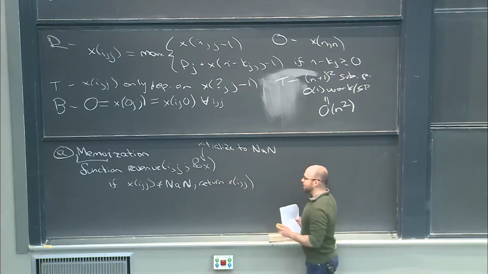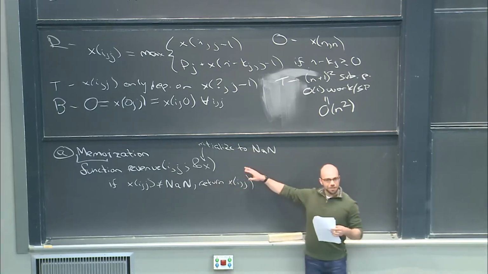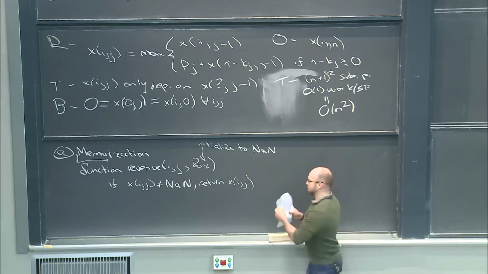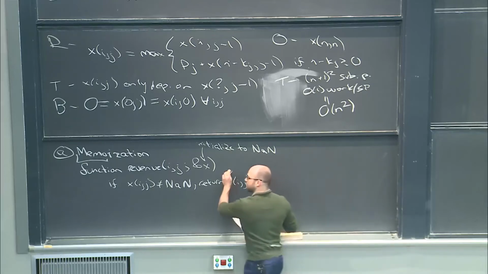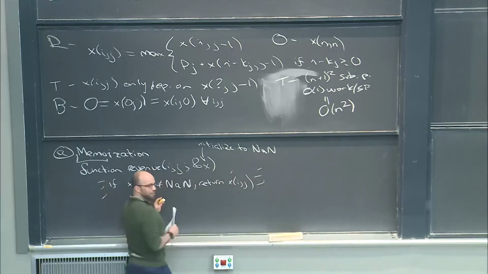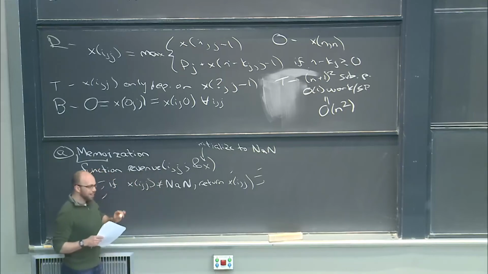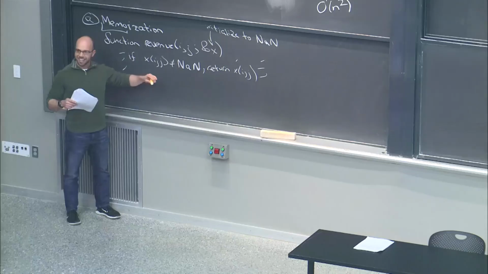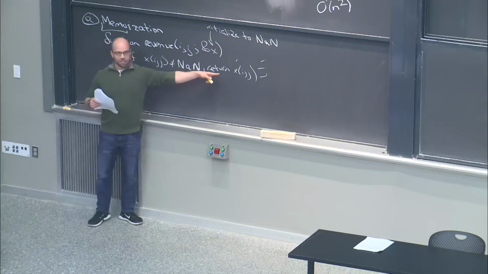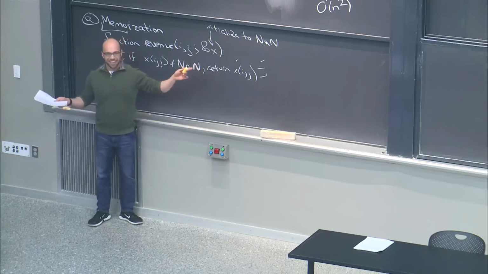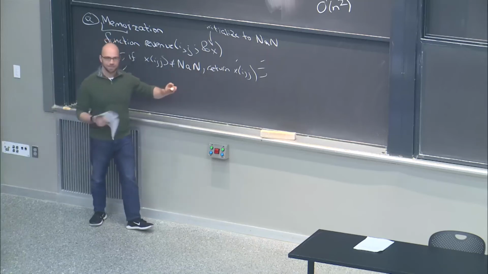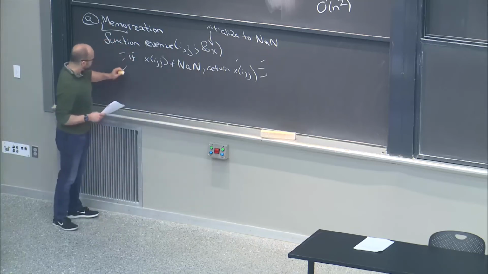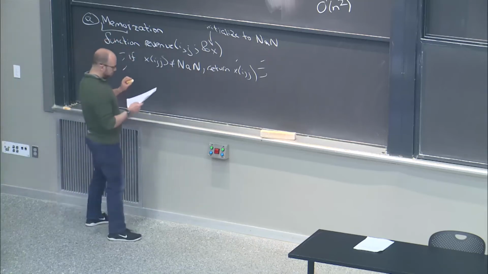I think this little line of code gets a little lost, but we should put sparkles around it. This is the magic of dynamic programming, because I just killed recursive calls. Even if i and j are like 17 and 23, if I already computed it, I'm done. I don't have to call my recursion again.